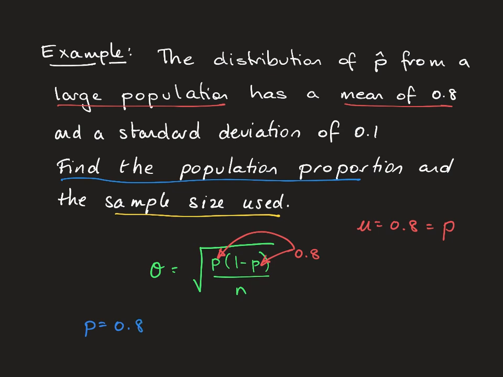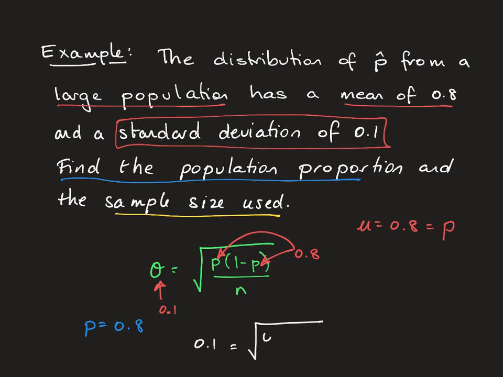The second question that they ask us is to find the sample size, and if we continue reading the question, so we've got a mean of 0.8. It says that the standard deviation is 0.1. So that means we can put 0.1 here. And now what we've got is an equation that says 0.1, and everything else in the equation is filled in.